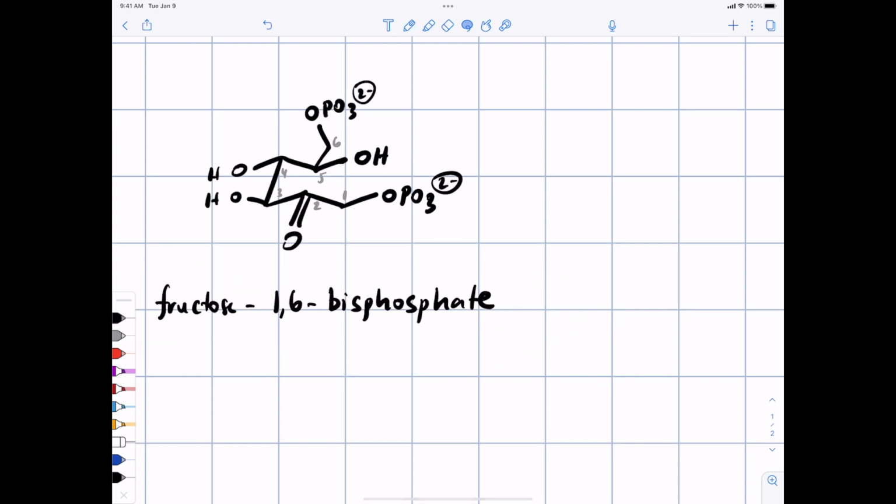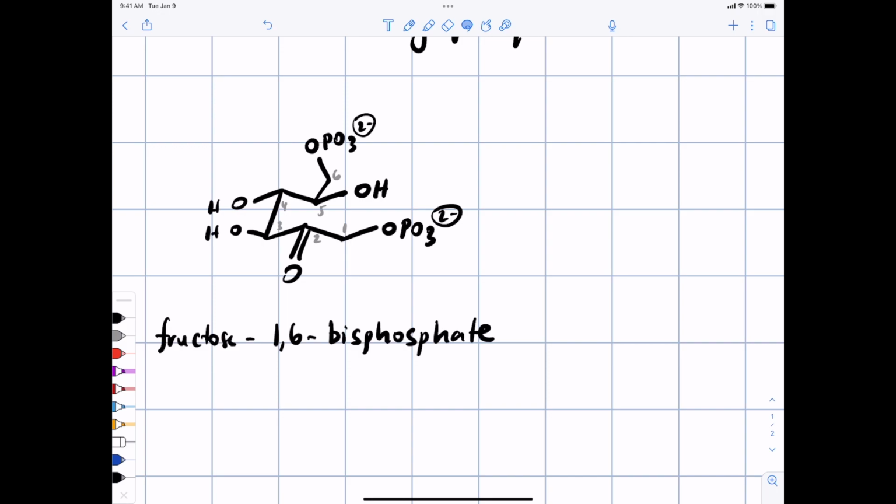Now, take a look at that structure and find for me the atom numbers that correspond to an aldol product. Okay, we're working on the skill of not being overwhelmed with big molecules, but focusing on the right functional groups.